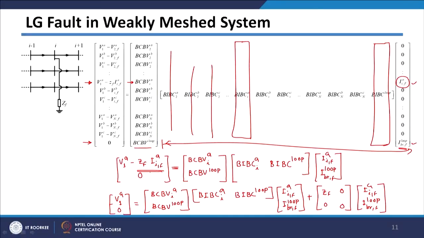So here, because all entries are 0, only ZF multiplied by fault current in A phase will remain here.